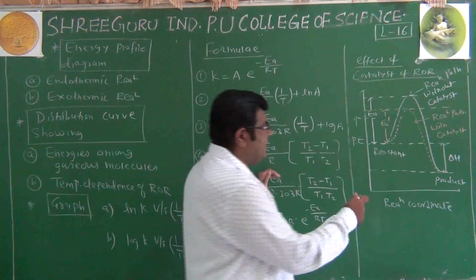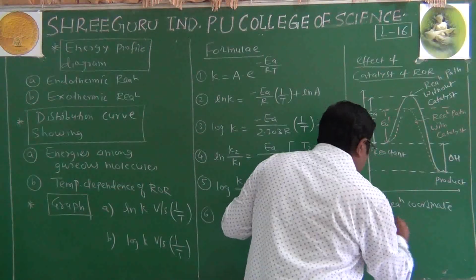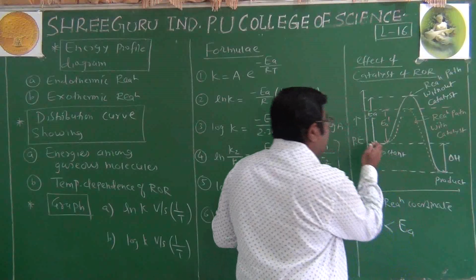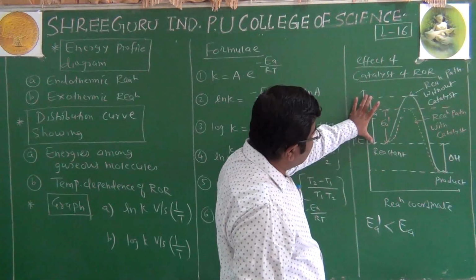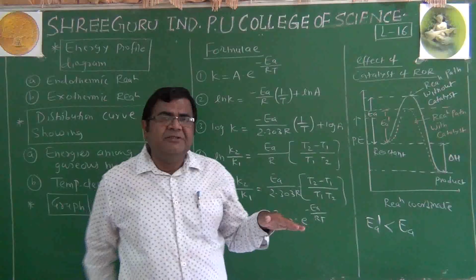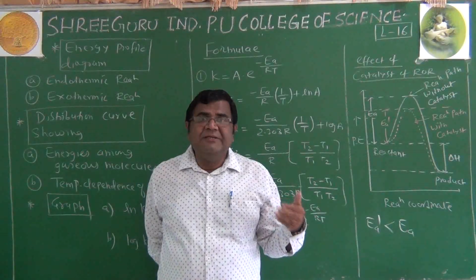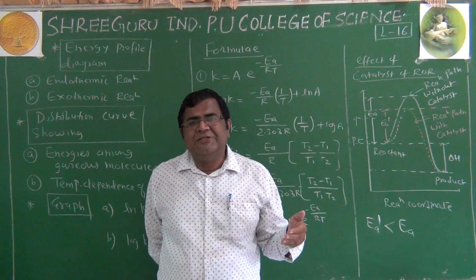We can easily say here that the activation energy with catalyst is lower than the activation energy without catalyst. This magnitude is lower than this magnitude. So as the activation energy has been decreased, the rate of reaction has been increased. This is the way in which we should explain the effect of a catalyst on the rate of reaction.